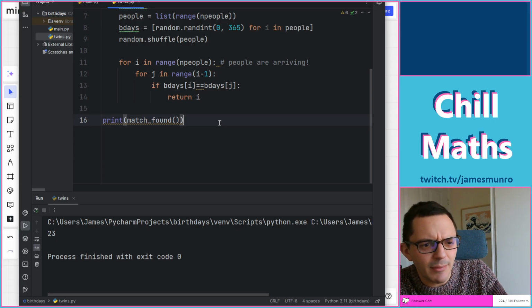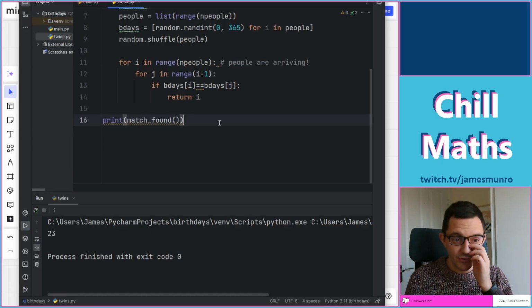I can't really remember what I'm doing. Oh yeah, separate variable or something, separate list of whether they're twins or not, to see if that brings down the average. Yeah, I don't really care about this 50-50 thing, do I? I care about the sort of average. What is the average?